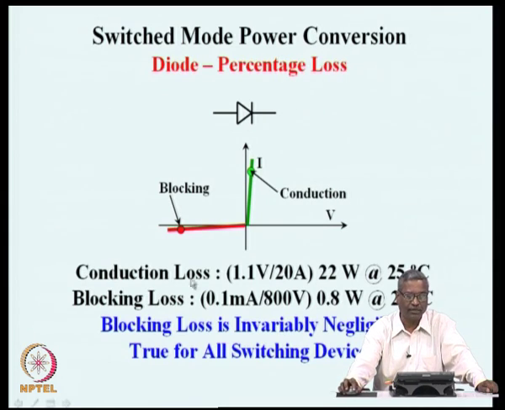Even in conduction, we see that the dissipation is only 22 watts in comparison with 16,000 watts which is being controlled. So, this type of comparative numbers in terms of losses in comparison with power processed is important, because that is what is going to decide the overall efficiency of the power converter. This is a point which one has to keep in mind. Okay.